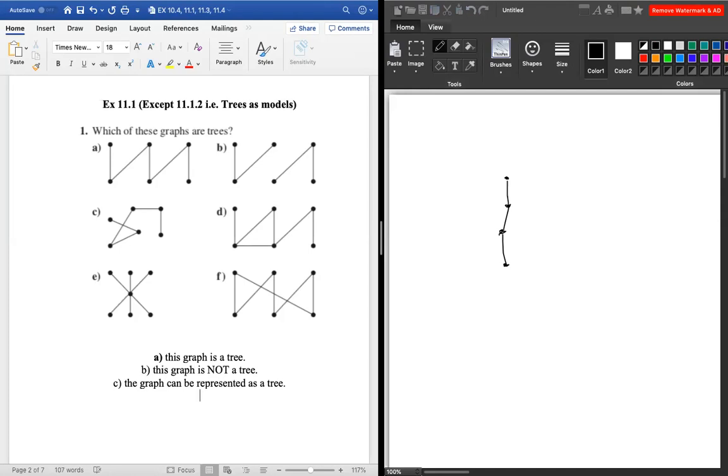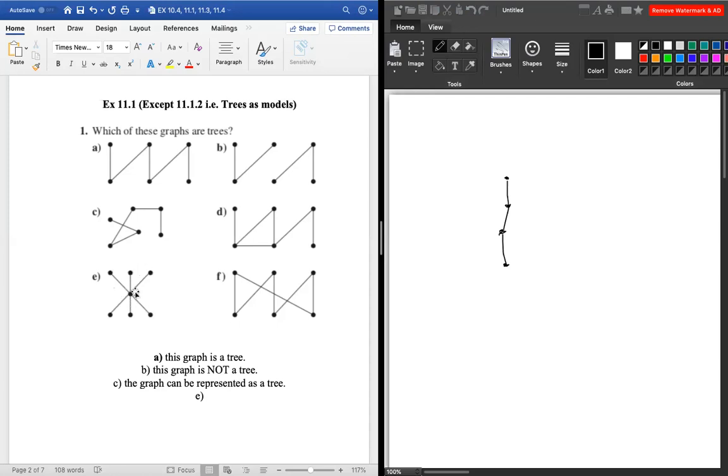Let's take a last example, part E. If we take this graph here, we have a parent node, this one, and then these can be the child nodes.